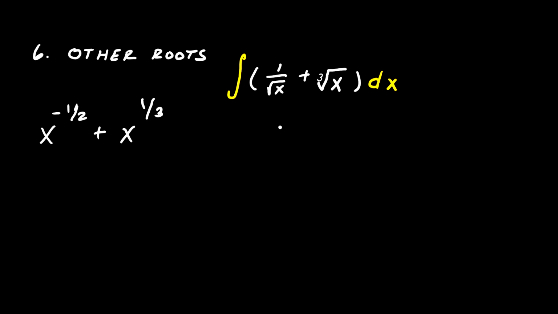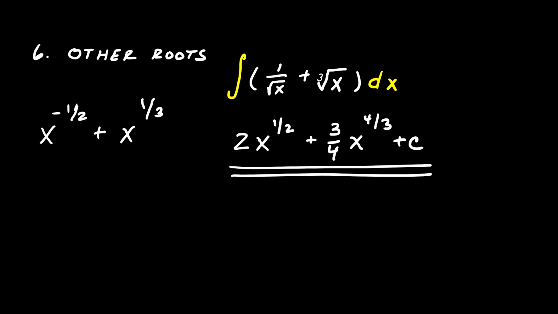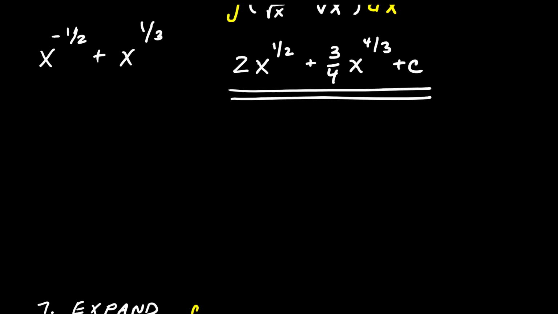So now, when we raise it to a power higher, we're going to have x to the 1/2, so instead of dividing by a half, we'll multiply by 2, plus x to the power higher here is x to the 4/3, and instead of dividing by 4/3, we'll just multiply by 3/4, plus c, and we're done. And again, you can always rewrite this using radical forms such as square roots and cube roots.